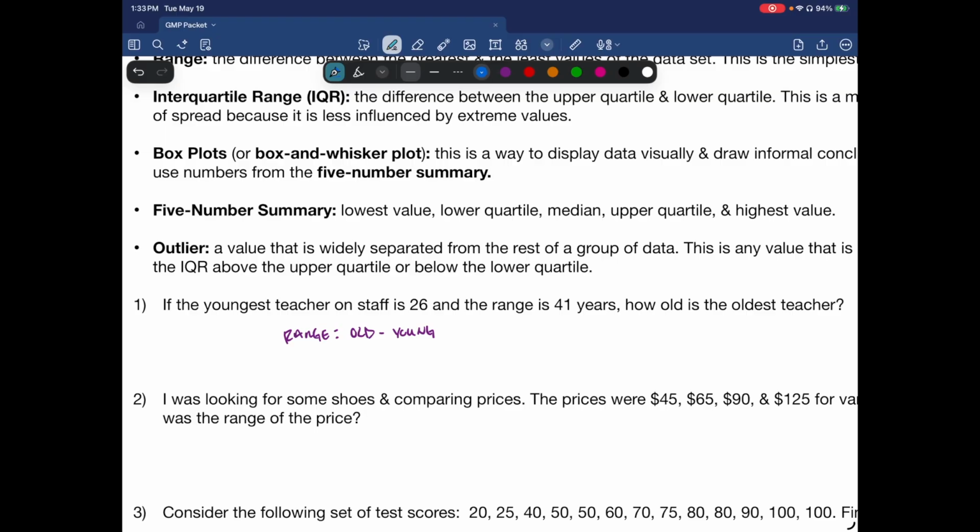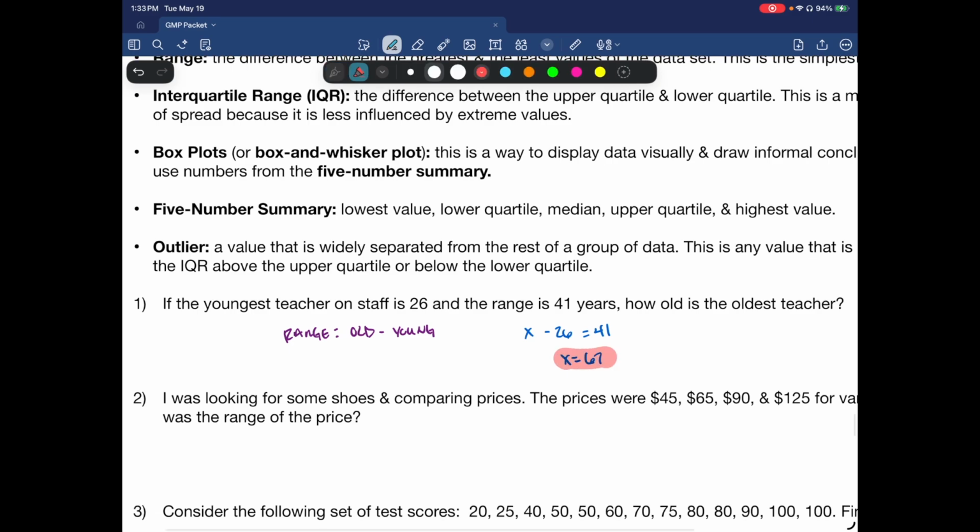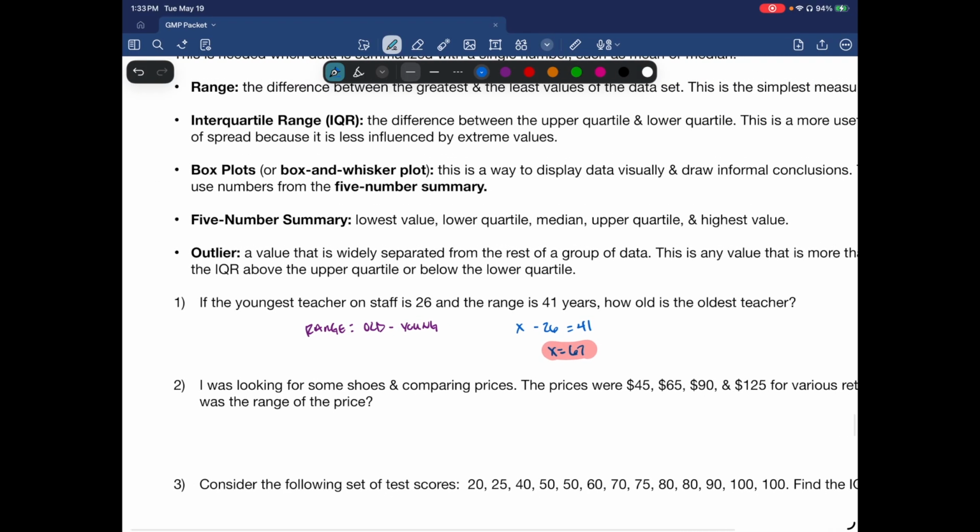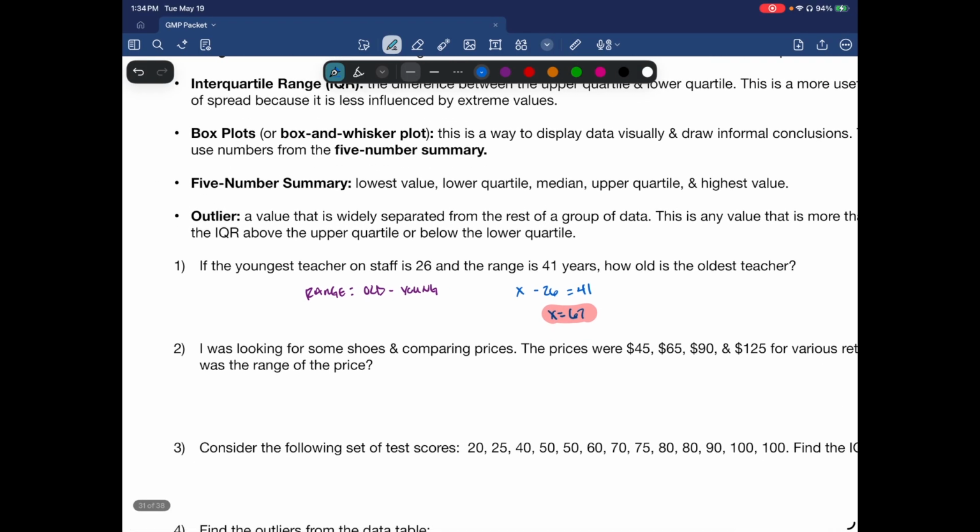The old we don't know, minus 26, the youngest staff, equals 41. It's a simple calculation. Add the 26 to both sides, and you find that the oldest teacher is 67. You don't find too many of those anymore. They're rarer than anything.